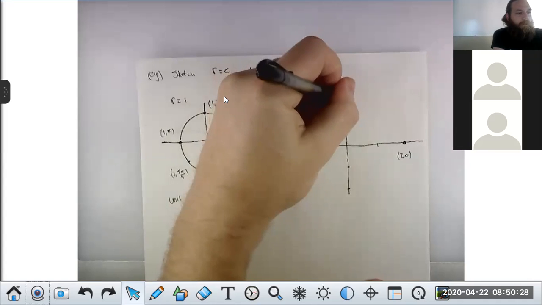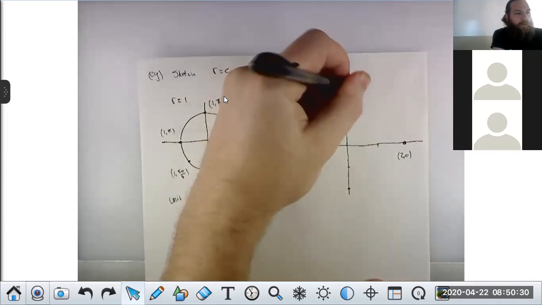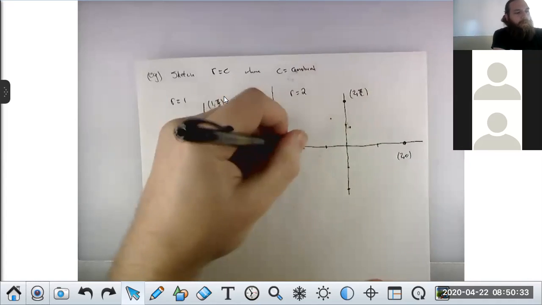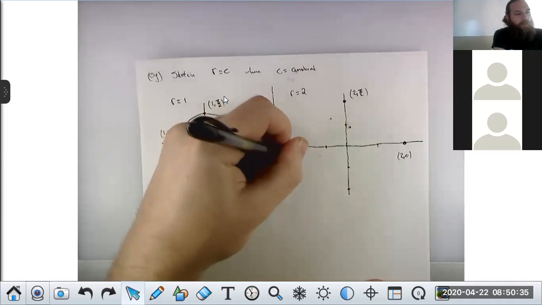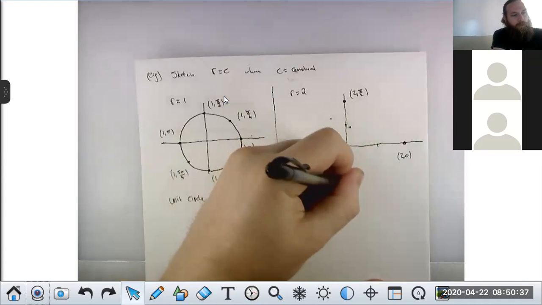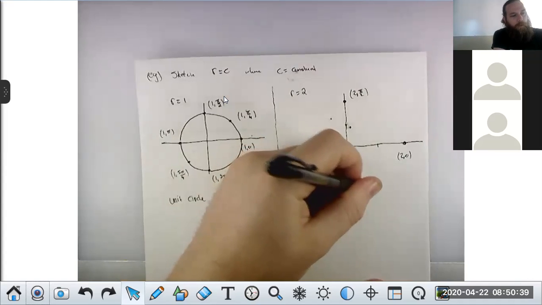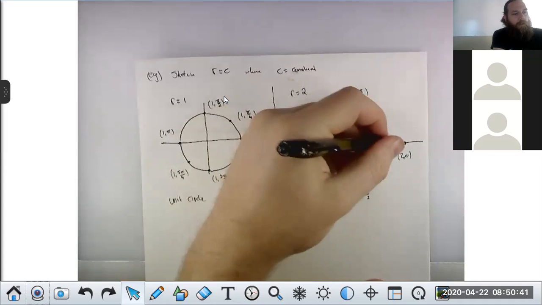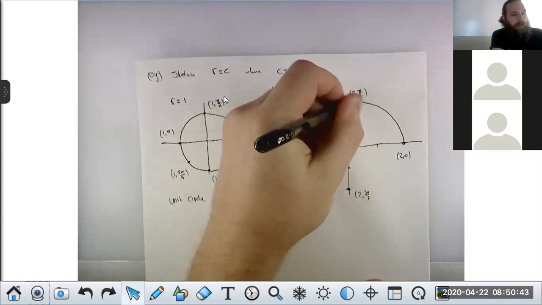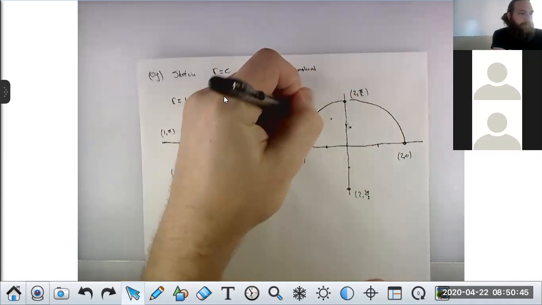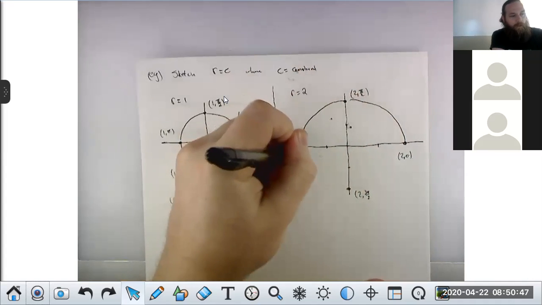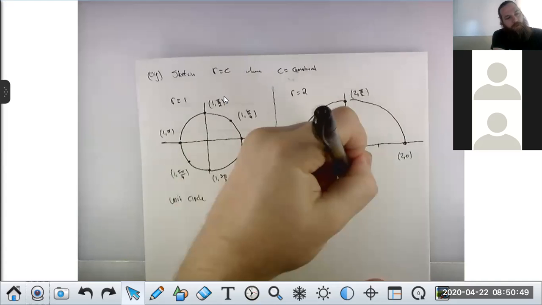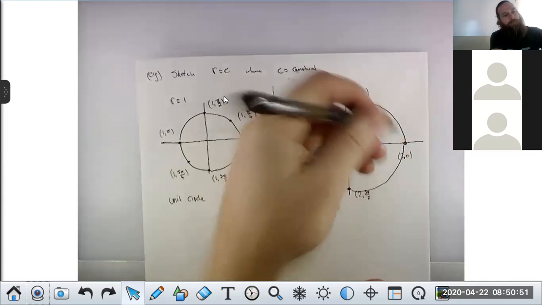Up here is the polar point 2, pi over 2. Over here is the polar point 2, pi. Over here is the polar point 2, 3 pi over 2. And if you look at all of this together, it's just a bigger circle. It's just a circle of radius 2.